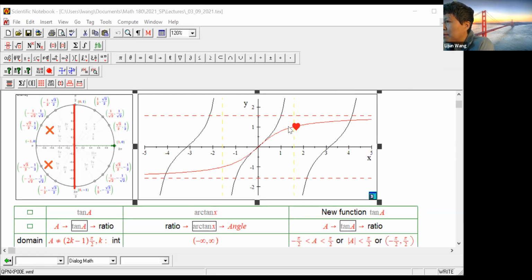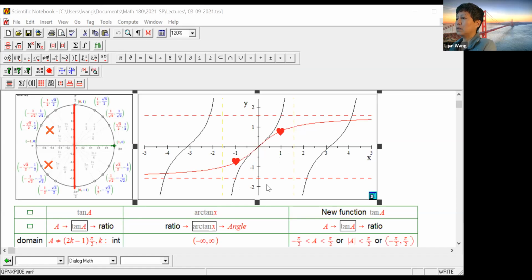You see, it's at the same height of 1. Wait, hold on. Never mind. Sorry about that. I'm going to ask you to identify this one. Mark this point, and mark that point.